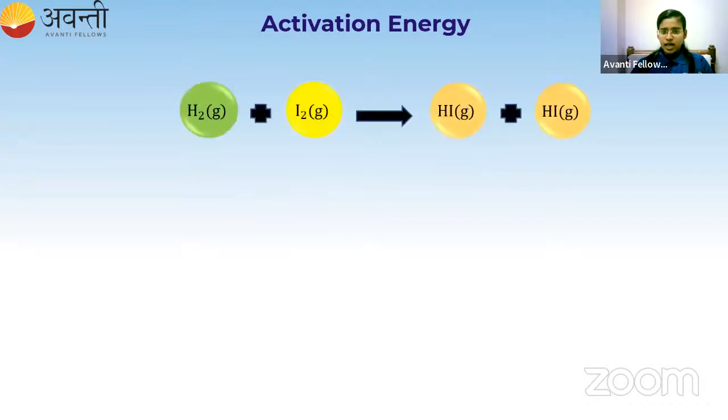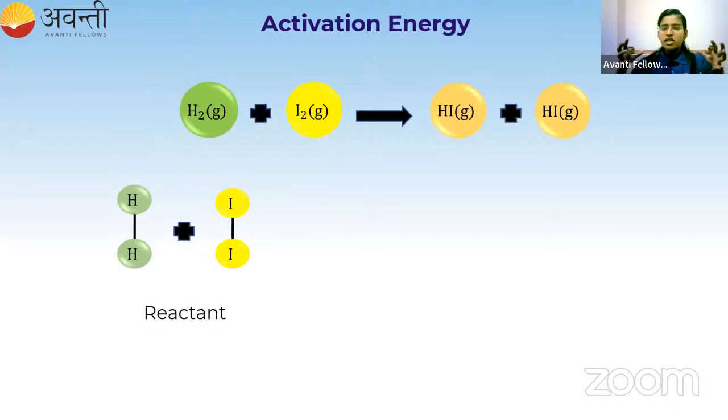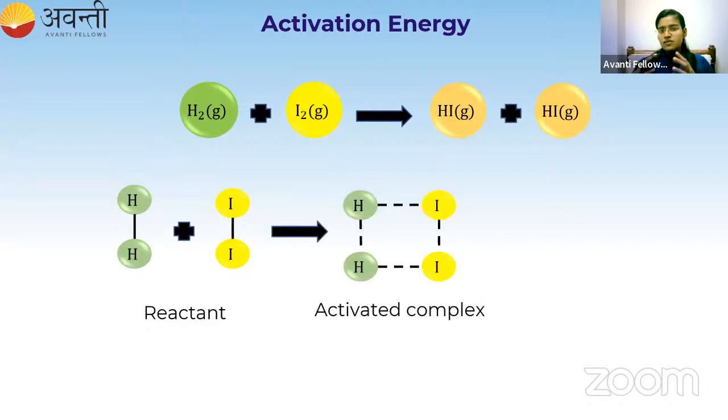So here is one reaction: H2 plus I2 giving HI and HI. So we have two reactants, one is the hydrogen molecule and the other one is the iodine molecule. When they both come closer to each other, they will interact and form a complex which is called the activated complex.